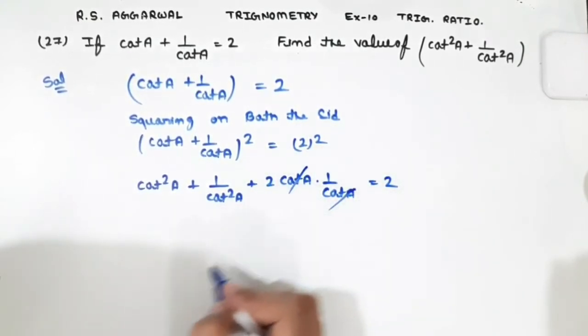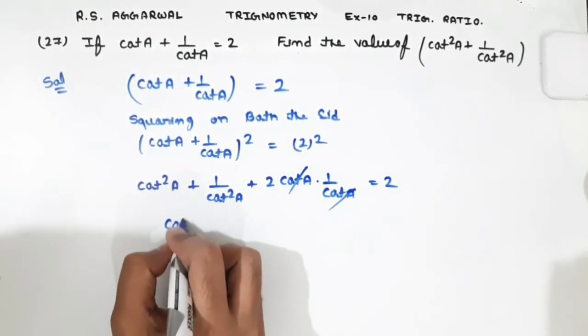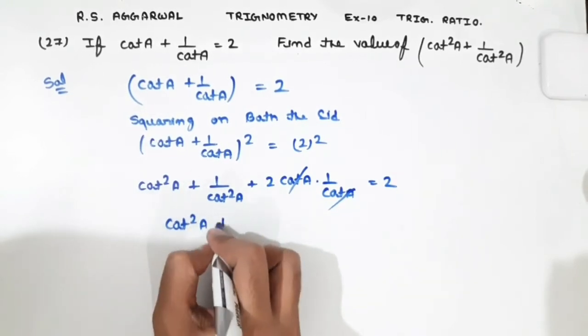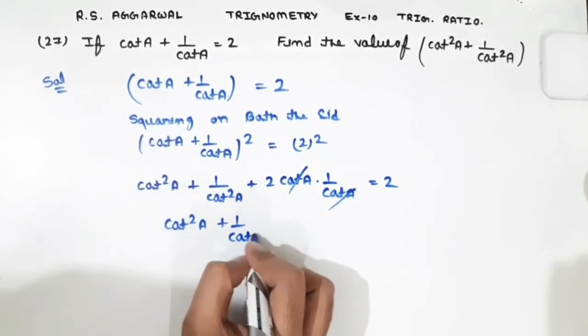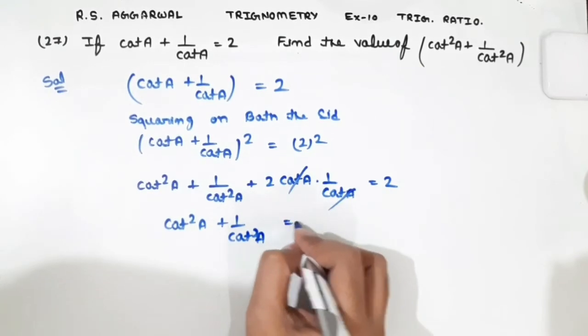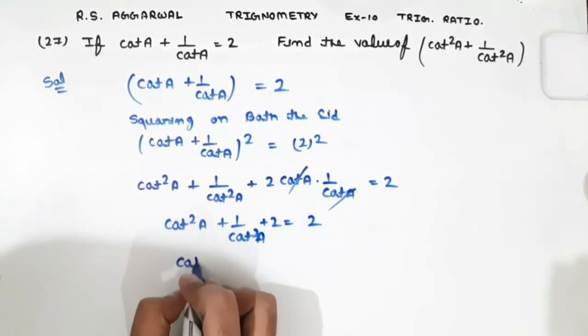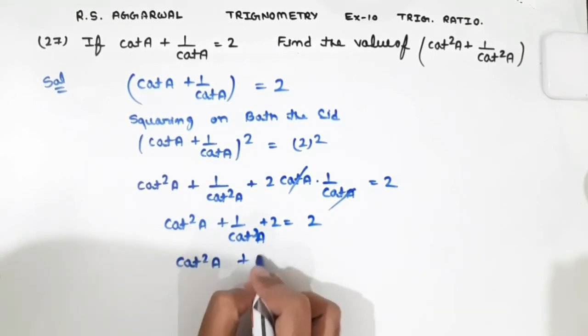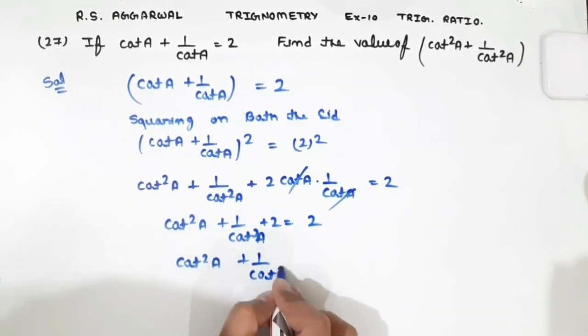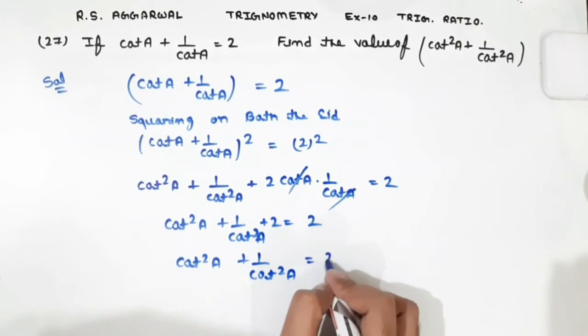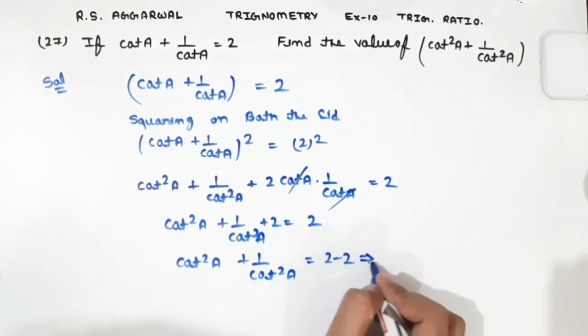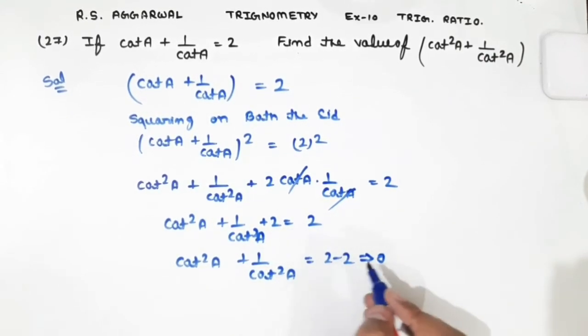So cot a will be cancelled out. This will become cot square a plus 1 upon cot square a plus 2 equals to 2. So from here cot square a plus 1 upon cot square a will be equals to 2 minus 2, that is 0. So this is our answer.